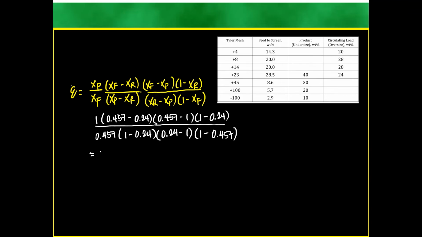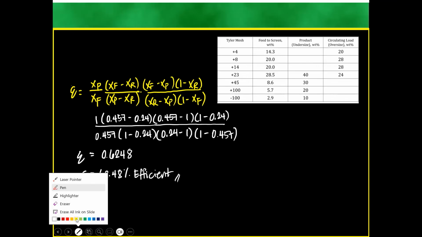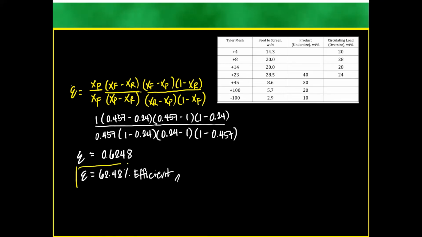So this one is 0.6248, or it is 62.48% efficient. Okay? So this is your final answer.